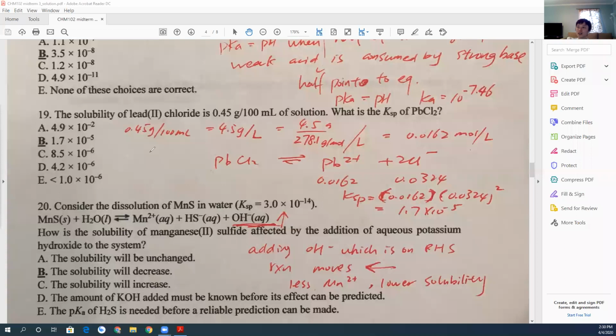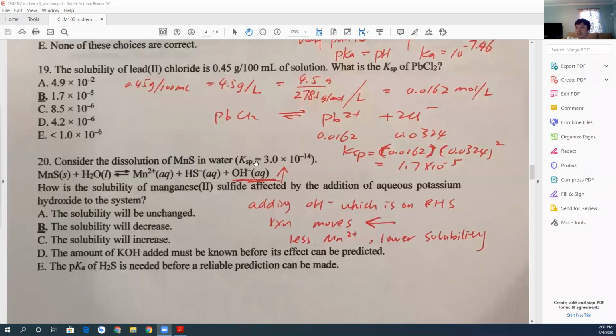Number 20 is related to the change of solubility when we affect this equilibrium with a common ion concentration. Here we have manganese hydroxide generating hydroxide. The question asks, how is the solubility affected by the addition of aqueous potassium hydroxide?